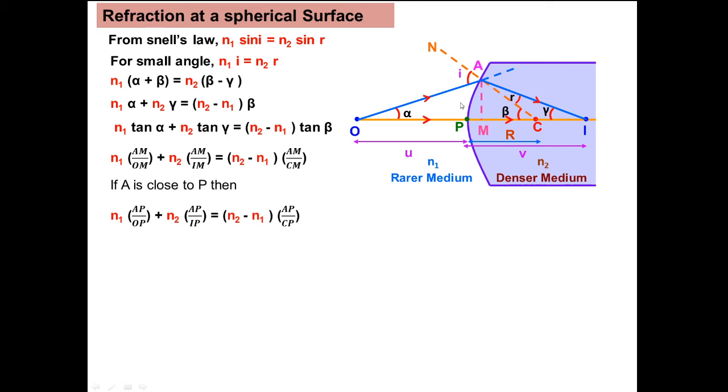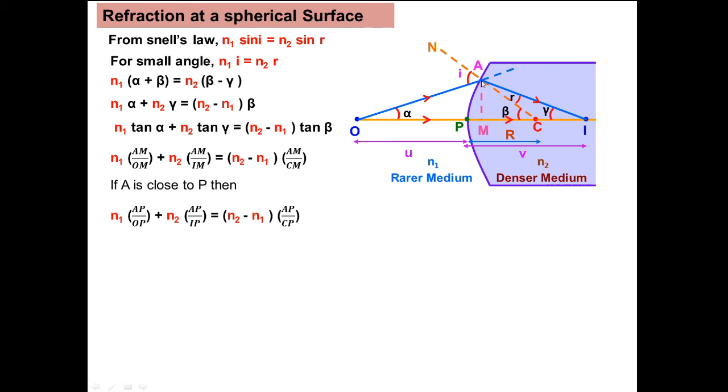So in the triangle AMO, tan alpha equals AM by MO. So N1 into AM by OM plus N2 into tan gamma, which is AM by MI, equals N2 minus N1 into tan beta, which is AM by MC.